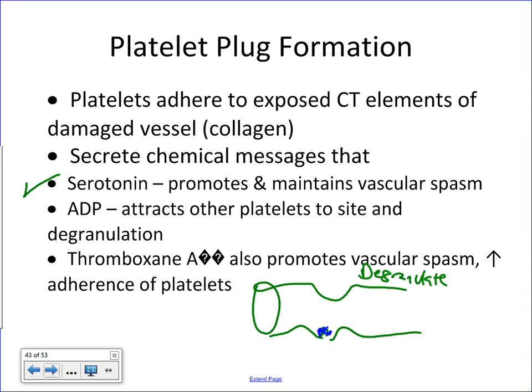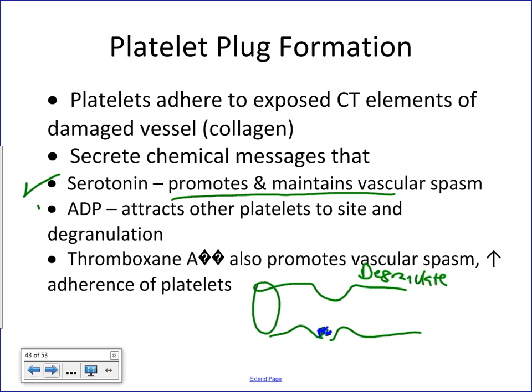Now, serotonin is going to promote and chemically allow the maintenance of that vascular spasm. Okay, so working with the nervous system, the serotonin is going to allow this blood vessel to remain constricted.